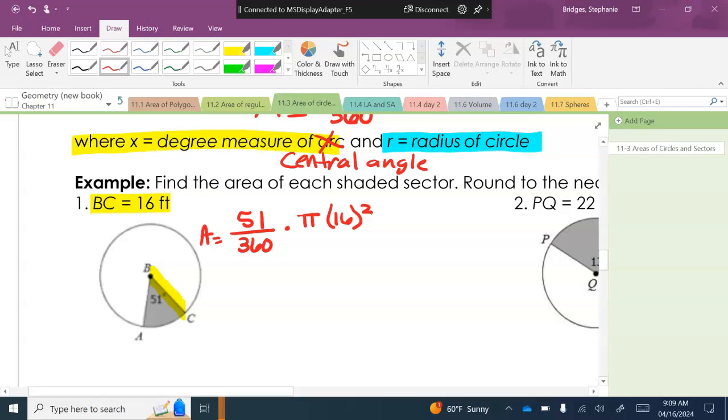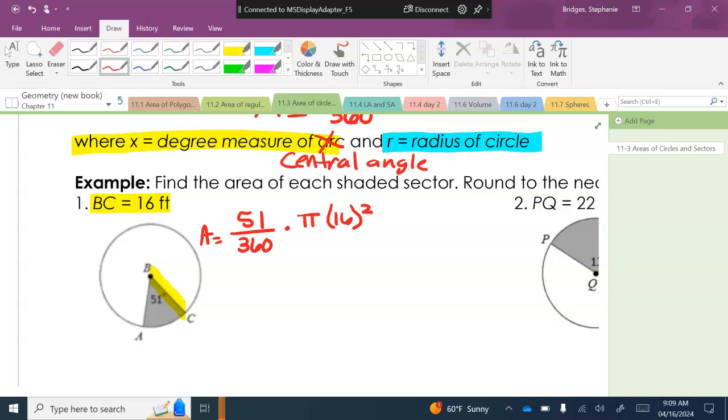Everybody type in the number 51 in their calculator. And then you want to find your fraction key, the one that says ABC. Everybody find the fraction key? Hit that button. Then type in 360. And then hit equals.